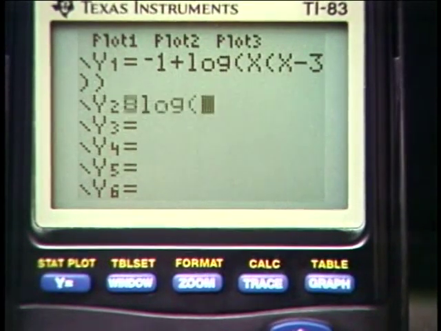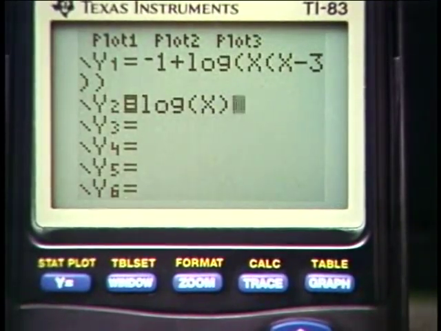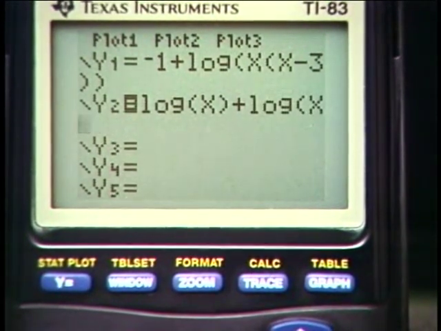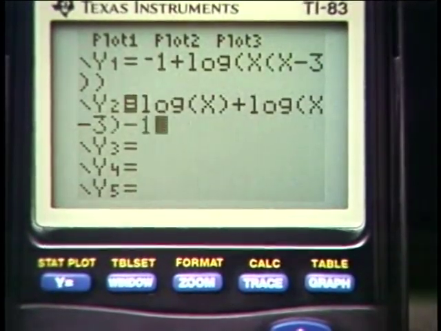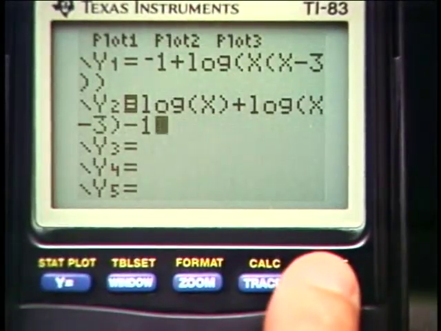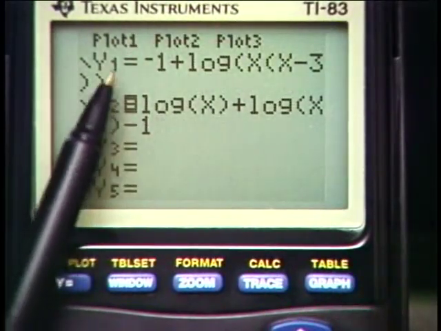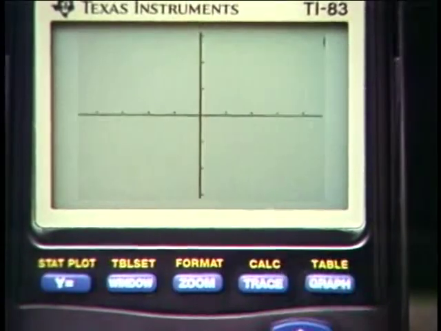And I'll enter log x, then plus log (x minus 3), and then minus 1, to throw that 1 to the other side. And now let's see what the graph looks like at this point. Now I'm only graphing this one because I deselected that one. So graph.